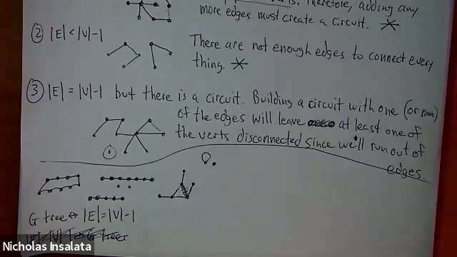Okay. How about this one? A circuit-free graph with 7 vertices and 4 edges. Sure, right? So how would you do that one, David?